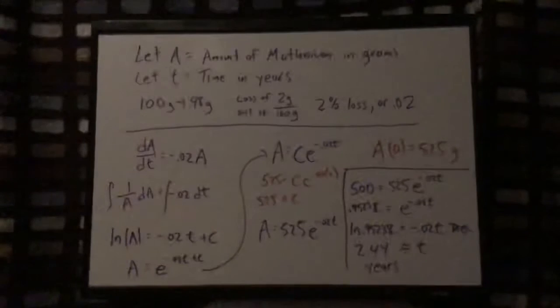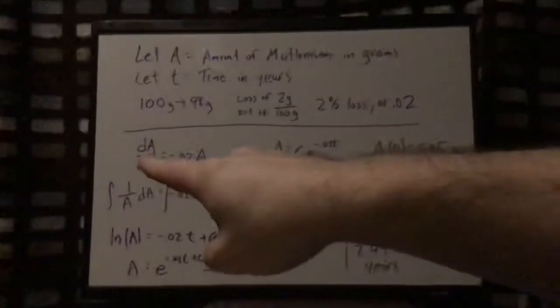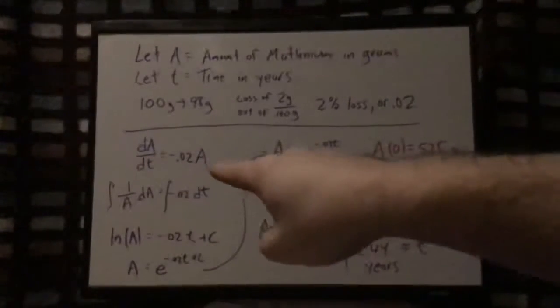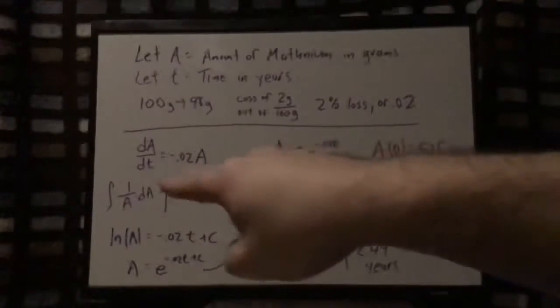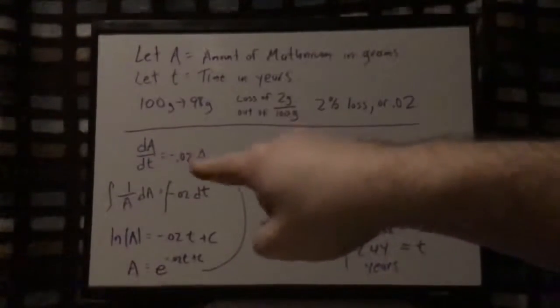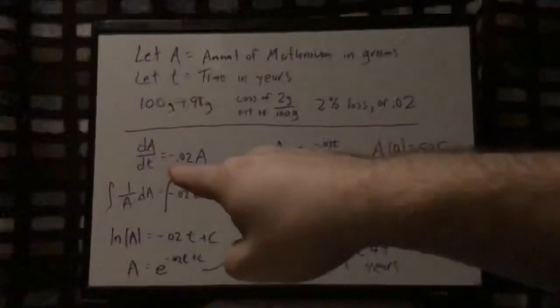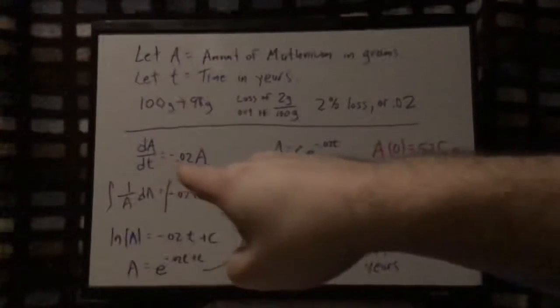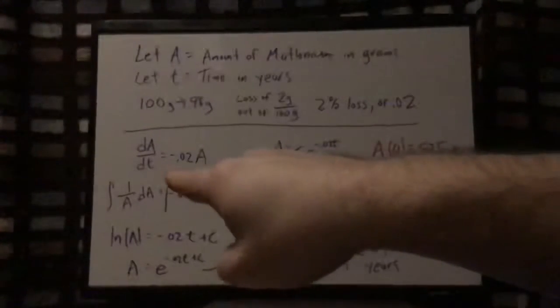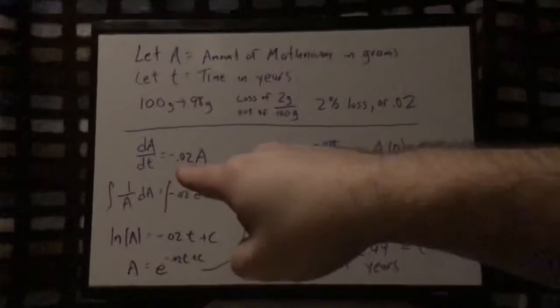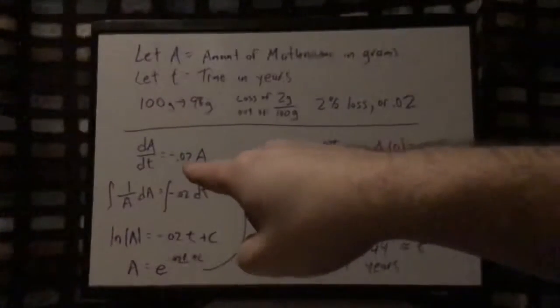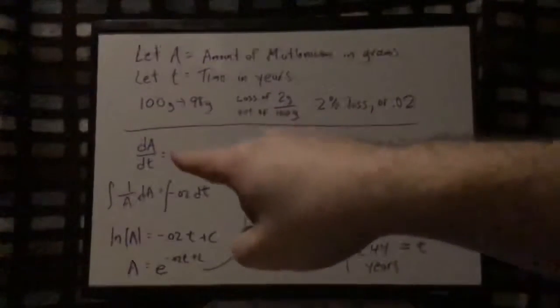So a loss of 2% would be negative. Notice it actually works on the original 100. If I start off with 100 and a unit of time goes by, I should lose 0.02 of it. So if I multiply the 100 by negative 0.02, I get negative 2. So if I start out with 100 and then I change by negative 2, I've dropped to 98.